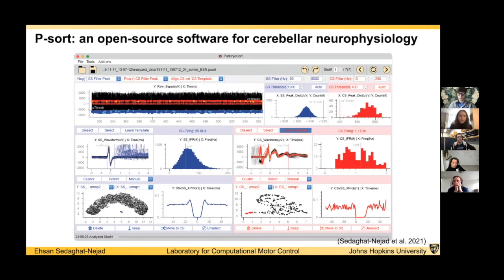Using UMAP, we were able to detect tiny differences in a waveform, and we were able to sort the complex spikes of the cerebellum. These complex spikes are very hard to sort because their waveform can change a little bit from one spike to the next, and that's enough to make PCA, a linear algorithm, kind of obsolete, but the nonlinear algorithm was able to sort them out.